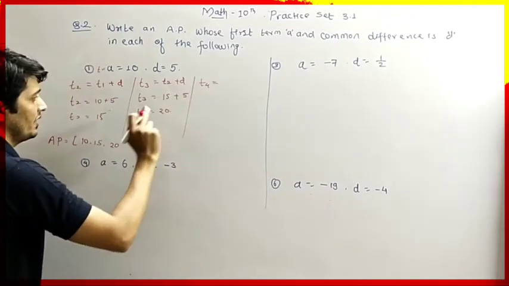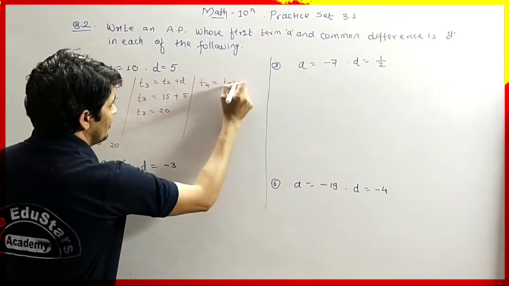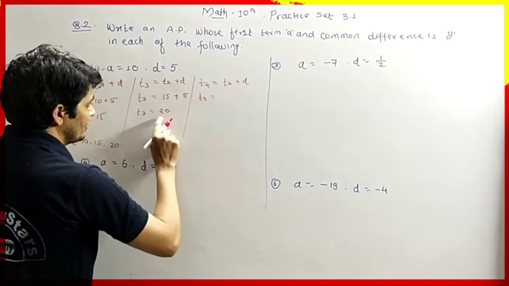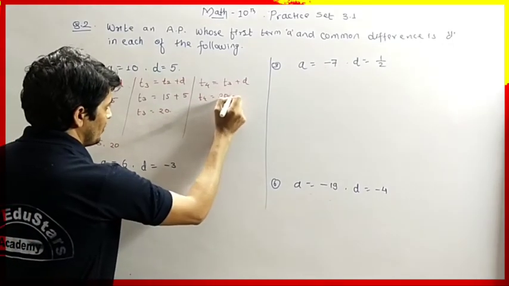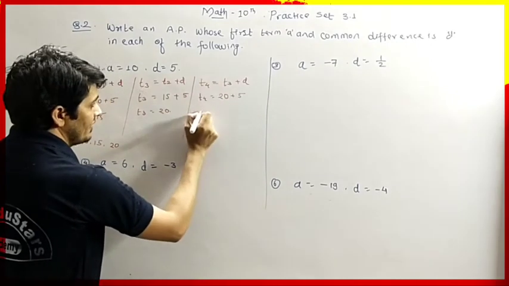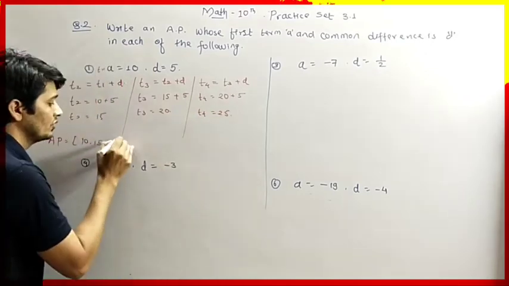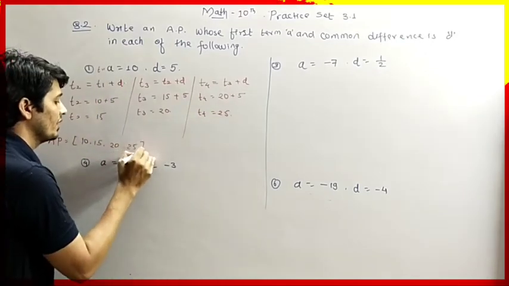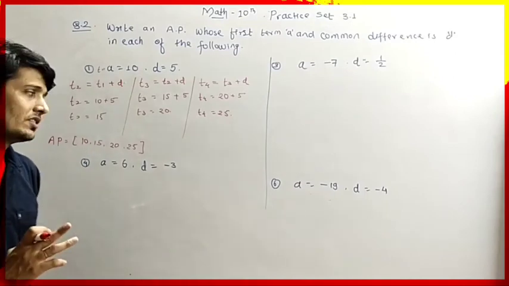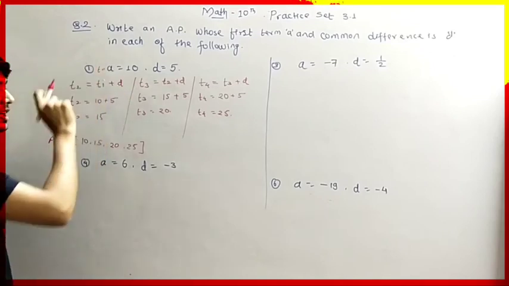T4 equals T3 plus D. T3 is 20, and D is 5. So 20 plus 5 is 25. So T4 equals 25. So 10, 15, 20 and 25 is the required arithmetic progression for this condition.